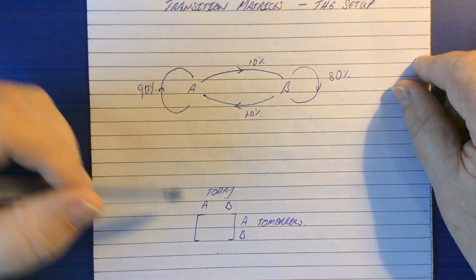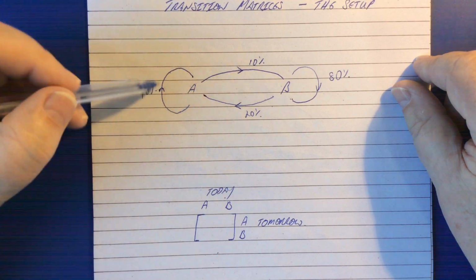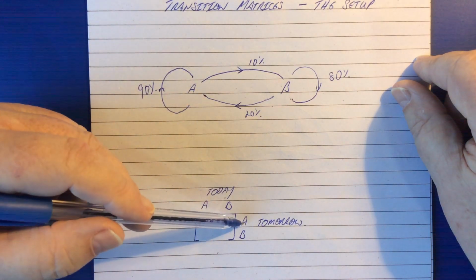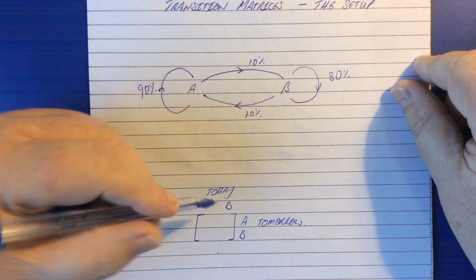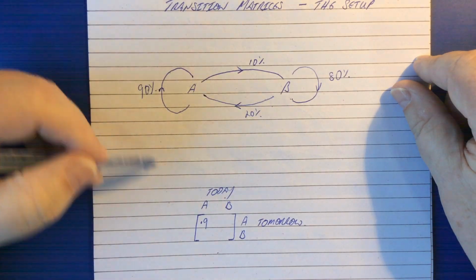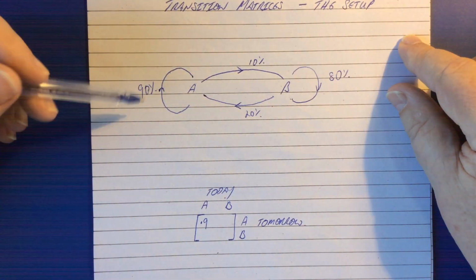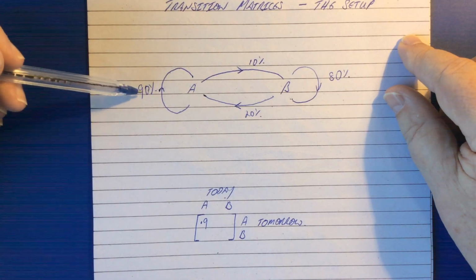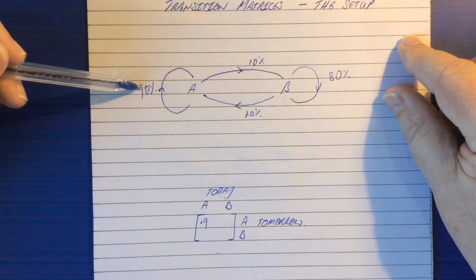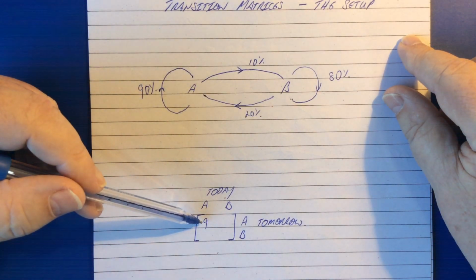We start in the top left, and we know that 90% of people who are at A today will remain at A tomorrow. So we put 0.9 there, which is 90% written as a decimal. If you don't know how to do that, simply take the 90 and divide it by 100, and you will get 0.9.